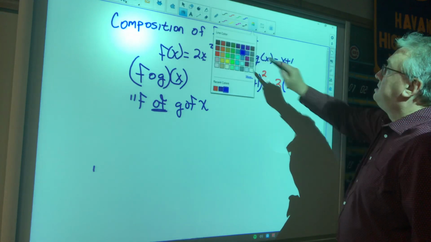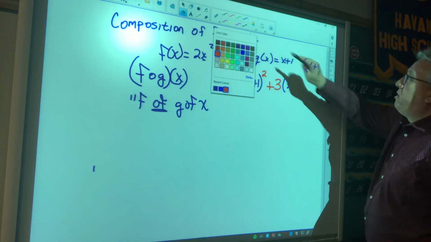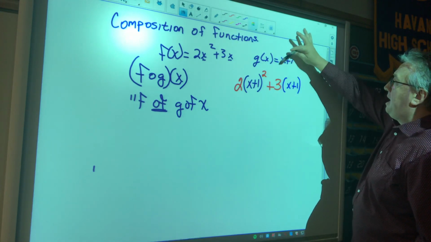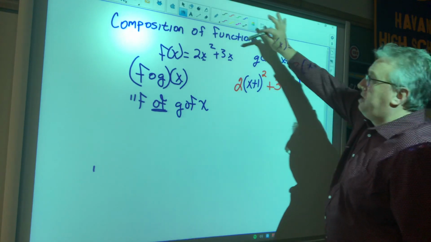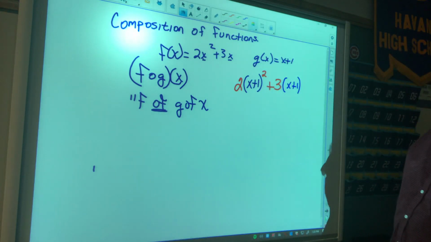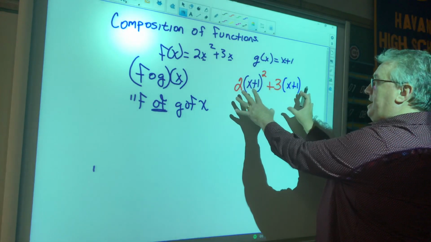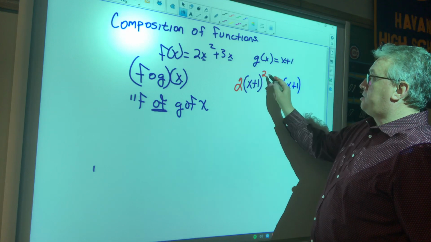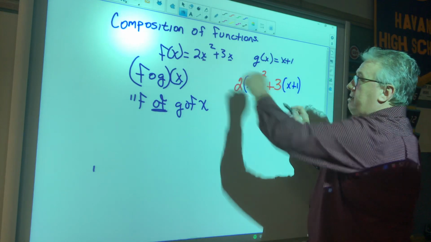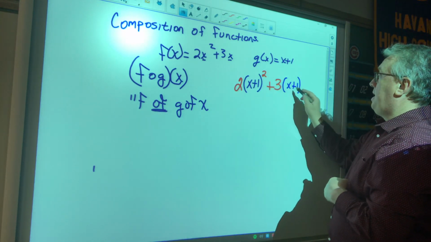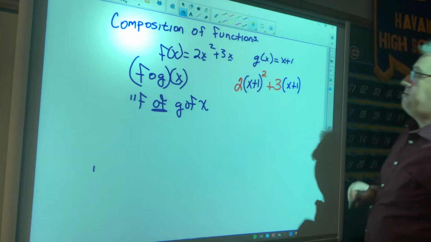Again, all we're doing is substituting x plus 1, or g of x, into f of x. Because if you look at what this says, 2x squared plus 3x is what we have right here.